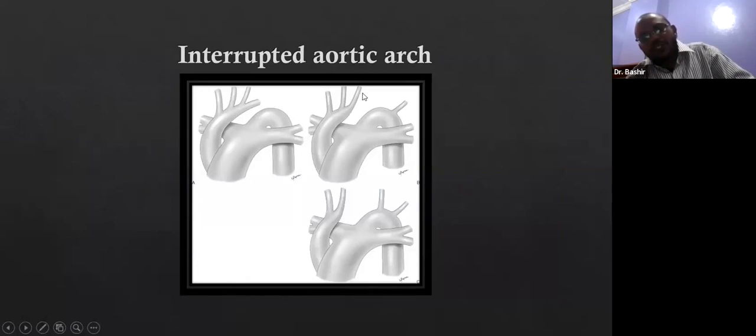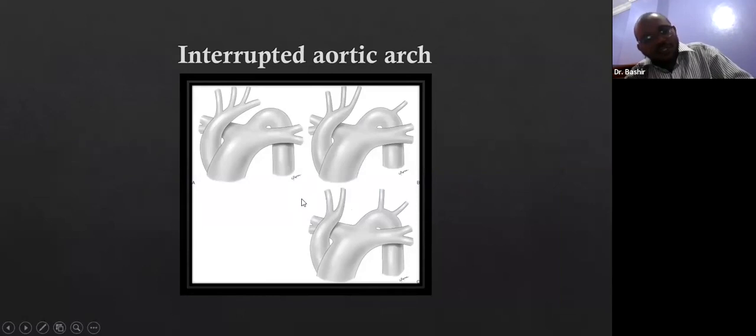This is interrupted aortic arch type B, between the left common carotid and left subclavian. And this is type C, where only the innominate, the first branch going to the neck, comes from the ascending aorta.